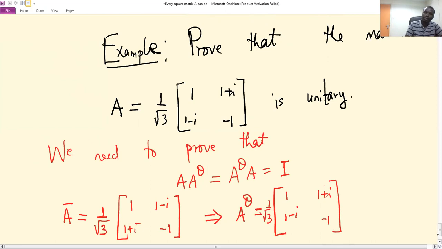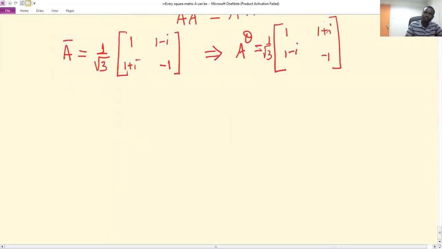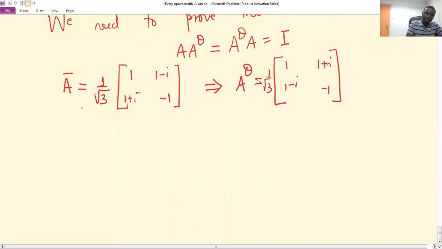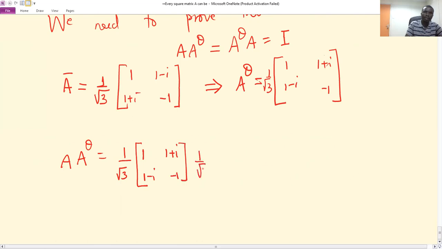So let's get the product now. A times A power theta will be 1/3, 1 plus i, 1 minus i, minus 1, times 1/3, 1 plus i, 1 minus i, and minus 1.